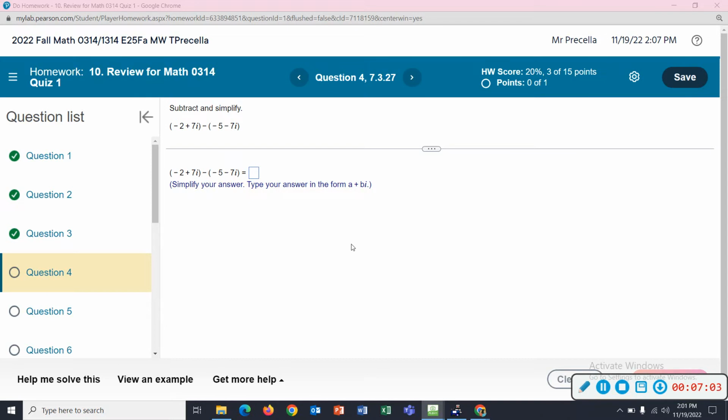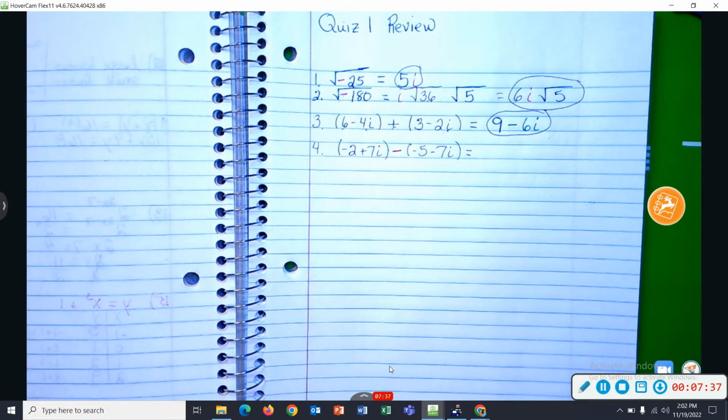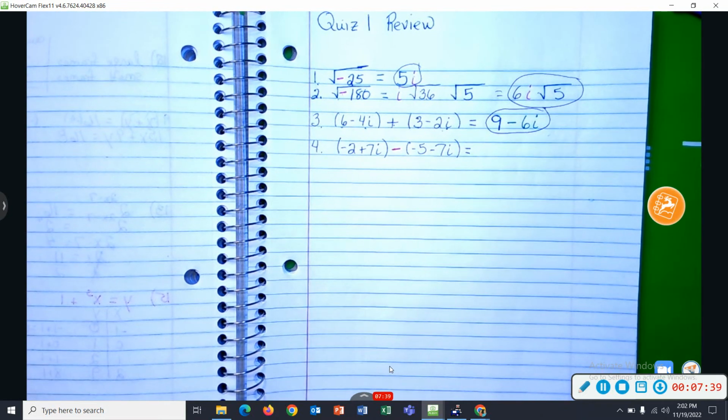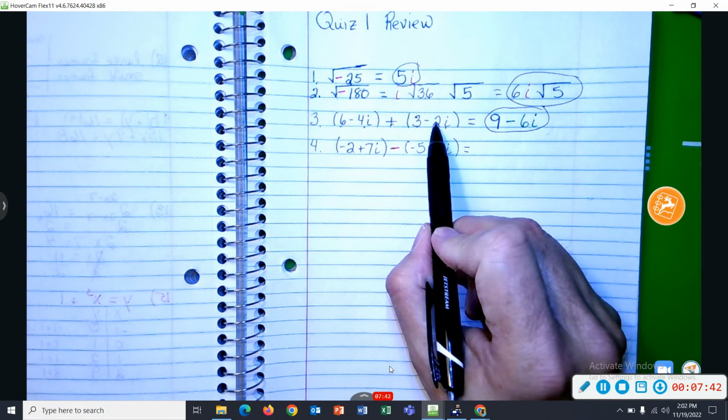So problem 4: negative 2 plus 7i minus negative 5 minus 7i. In order to add complex numbers, you just combine like terms.